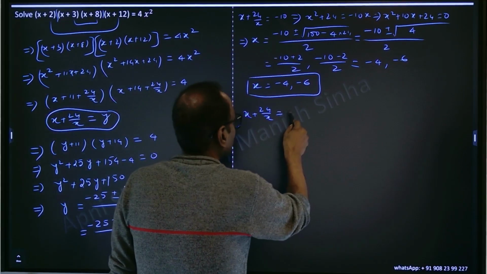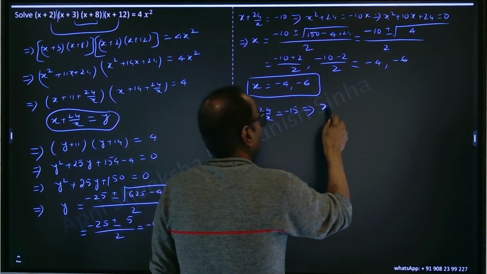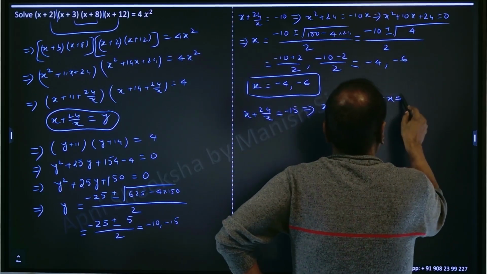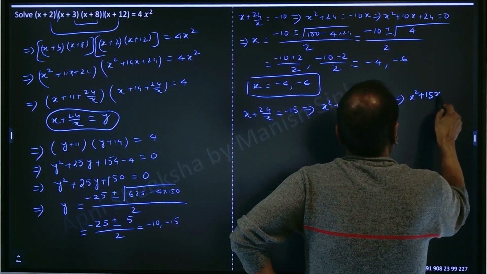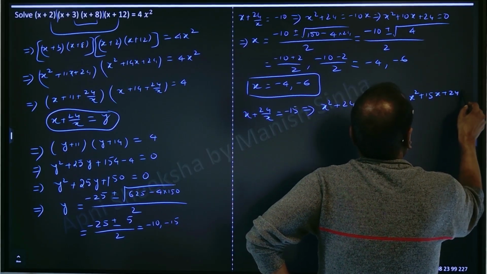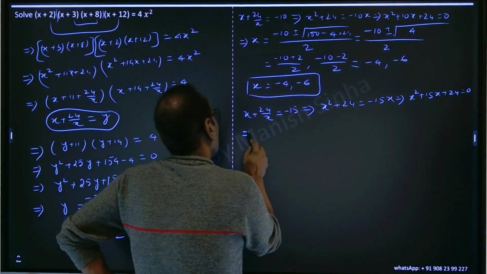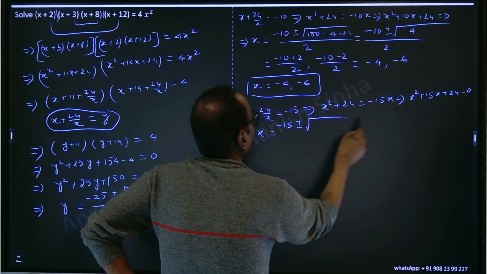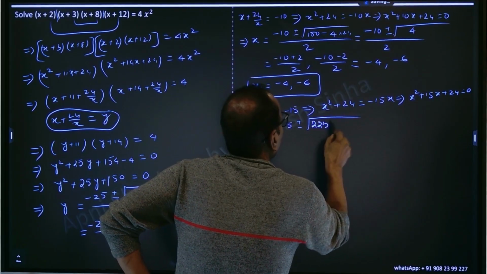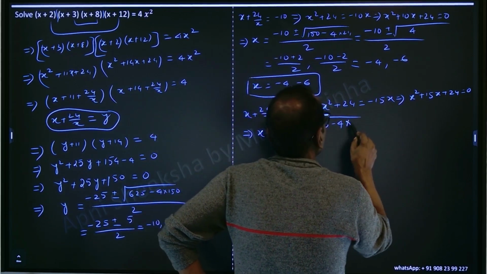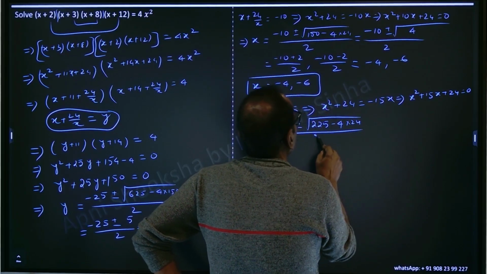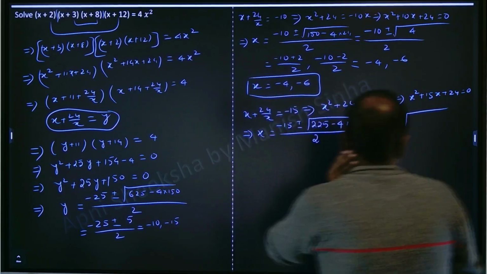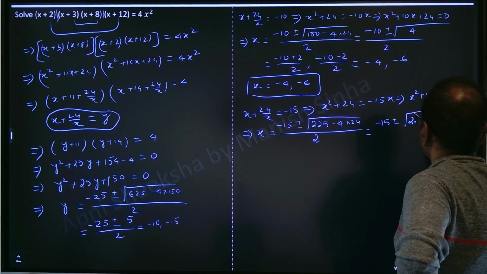Minus 15. B square, 15 square, 225, minus 4 into 24, so 225 minus 96, right?